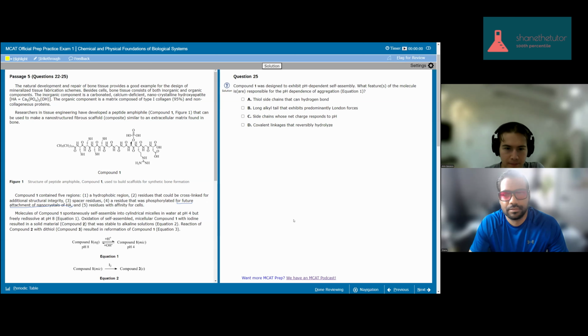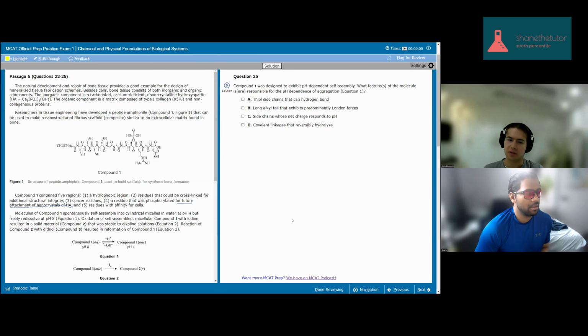Compound one was designed to exhibit pH-dependent self-assembly. Which feature of the molecule is responsible for pH dependence of aggregation? Here I was pretty lost. I kind of forgot what aggregation really was.